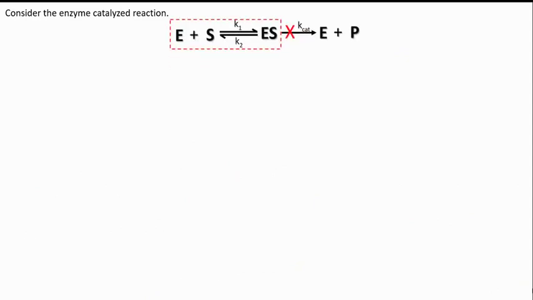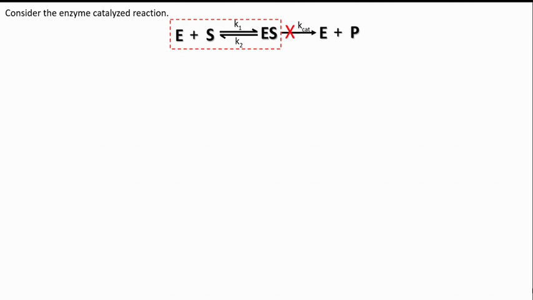Now, considering this reaction, because that is what we had just established in a rapid equilibrium, that E plus S forms ES. The forward reaction has a rate constant K1, while the backward reaction is K2.